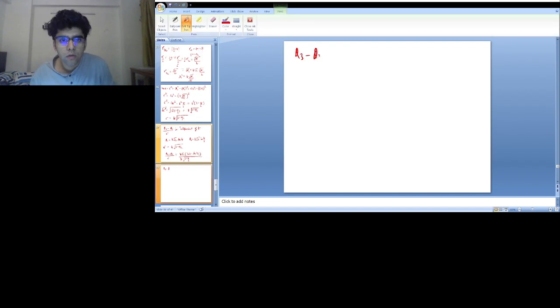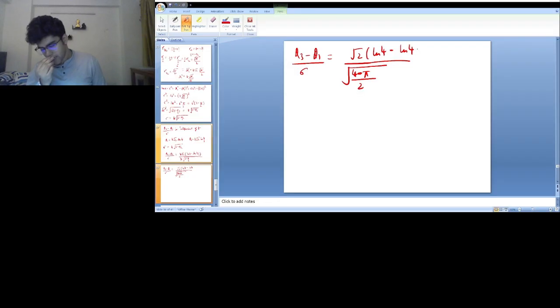So (Q3 minus Q1) by sigma gives me, taking the LCM, 4 minus pi by 2, and this whole is ln 4 minus ln 4 by 3. I can write ln 4 by 3 using ln m upon n equals ln m minus ln n. So this becomes ln 4 minus ln 3.